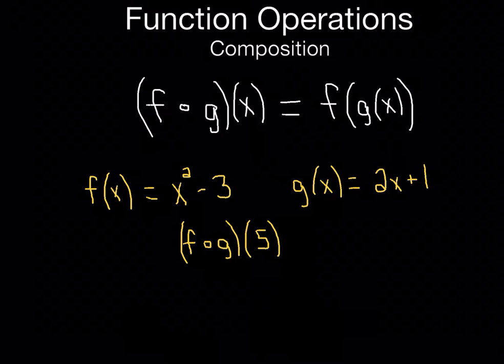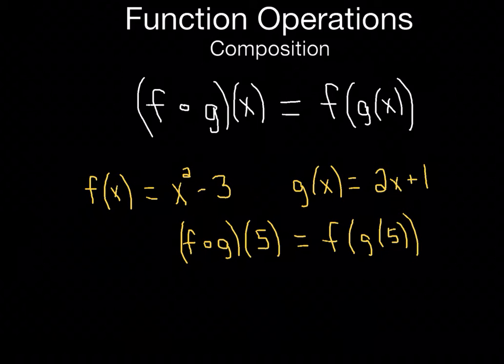So let's say I have two functions. F of x is equal to x squared minus 3, and g of x is equal to 2x plus 1. And I want to do this composition function, f of g of x, or in this case, I'm letting x be 5. So f of g of 5. What I do here then, work inside out.